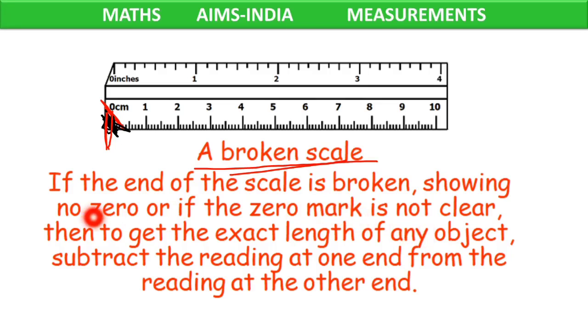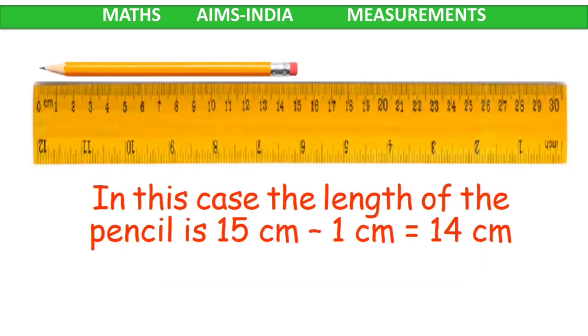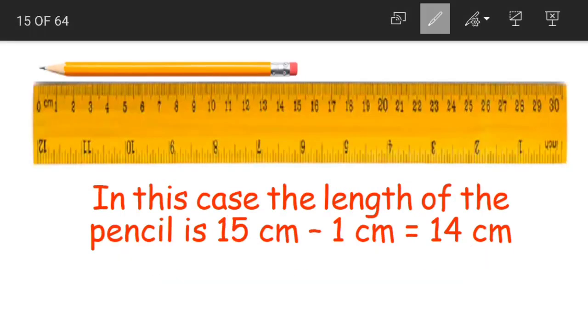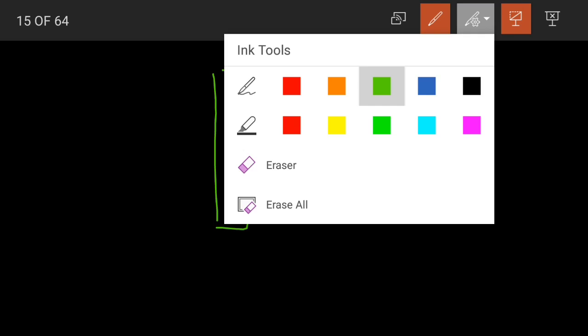If the end of the scale is broken showing no 0, or if the 0 mark is not clear, then to get the exact length of any object, subtract the reading at one end from the reading at the other end. Now what will you do, children? Suppose you have a scale like this, let us draw again.